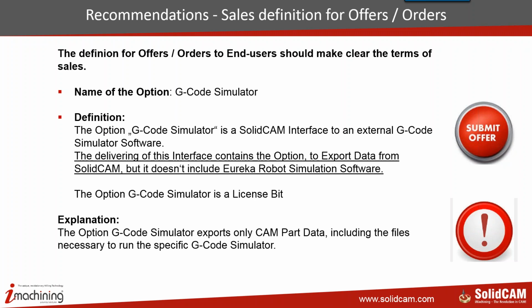So you need to make it clear that the delivery of the interface contains only the option to export the data from SolidCAM to a dedicated folder, which is the folder that the Eureka software will take the data from and run it. But it will not include the robot simulation software. This is an extra separate license.